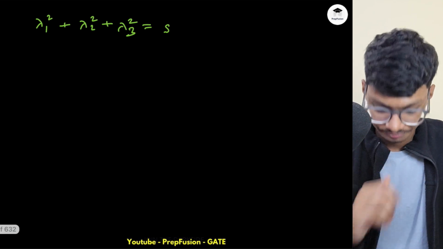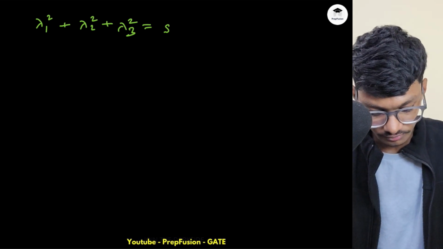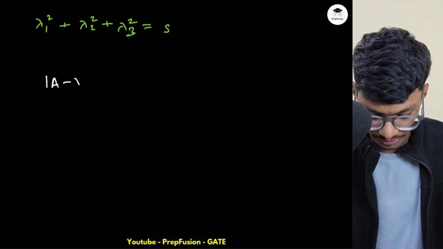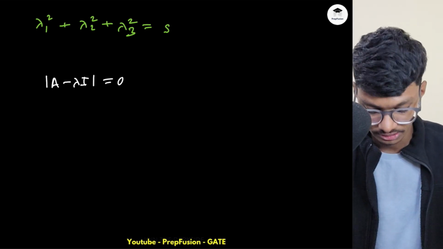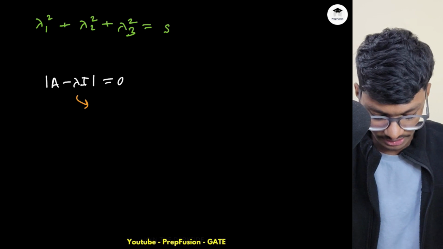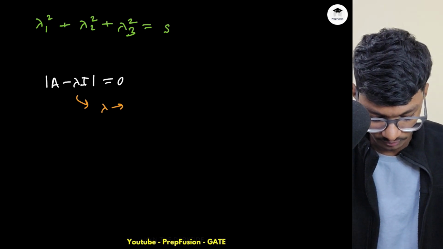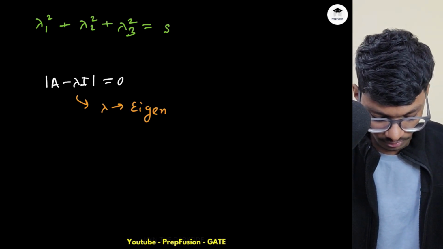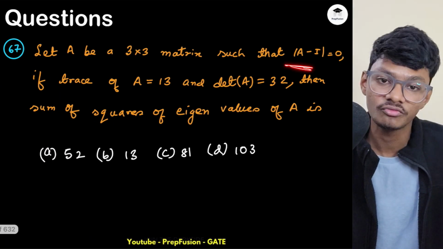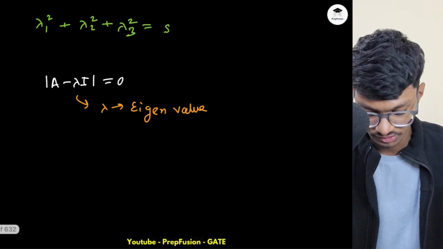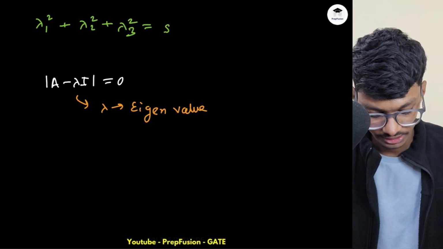Generally, if you remember correctly, the determinant of A minus lambda I equals 0 represents that lambda is an eigenvalue. In this case, it is the determinant of A minus 1 into I equals 0, as given in the question.